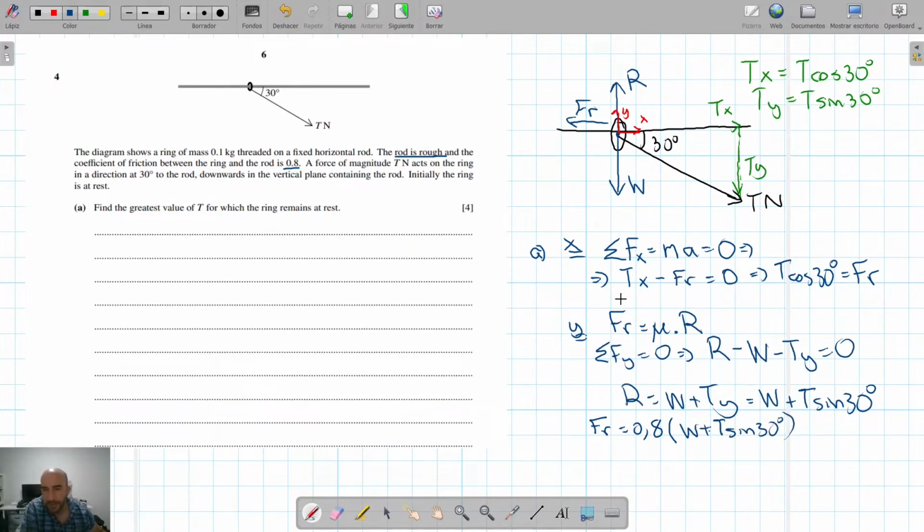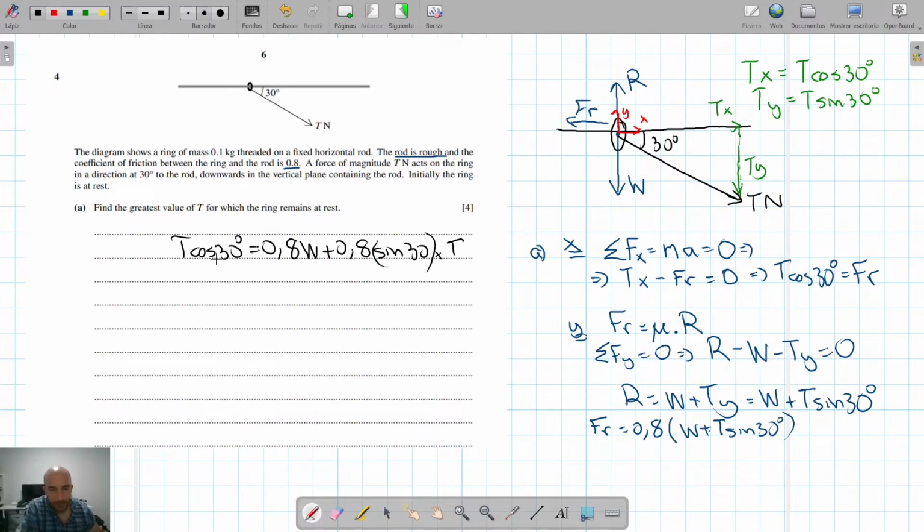And if we use that on the equation of the x-axis, I'm going to continue here. So we have that T cosine of 30 equals 0.8 W plus 0.8 sine of 30 times T. Okay?